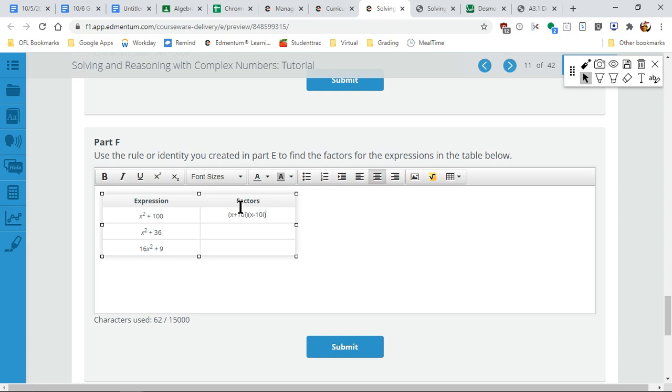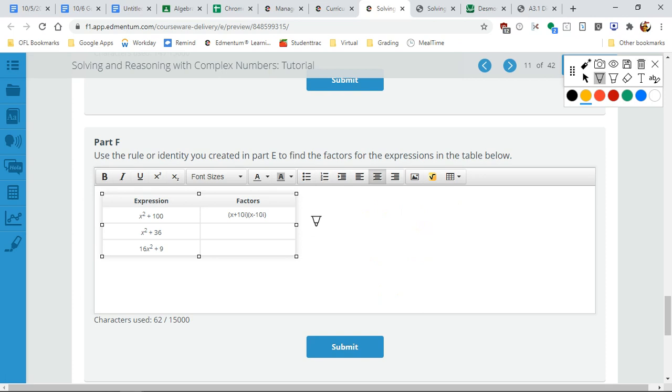So what's going to happen here is if I made a box method, the i's would cancel out. Negative 10 times positive 10 is negative 100, but then we get this i squared. So 10i times 10i gives us negative 100 i squared, which just turns into positive 100.